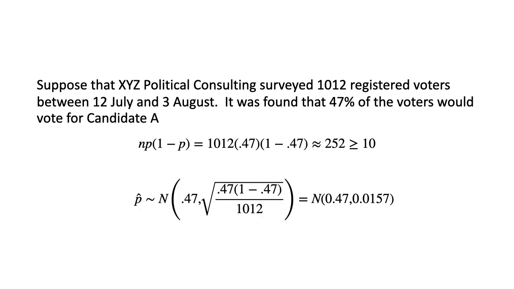So that means that our sampling distribution for p hat is approximately normal, all right, with 0.47 as its mean and 0.0157 for its standard deviation.